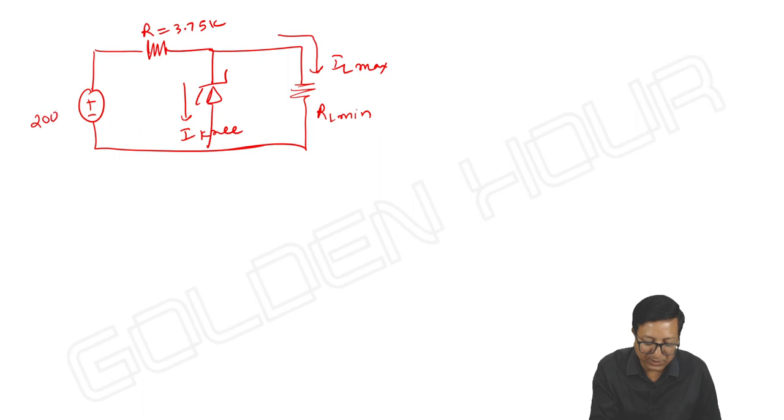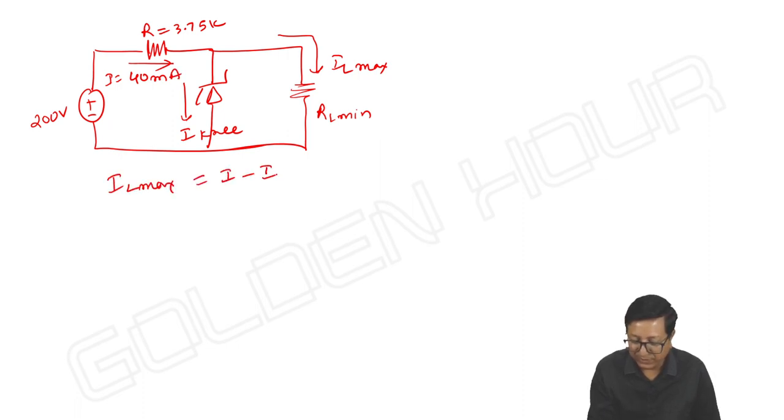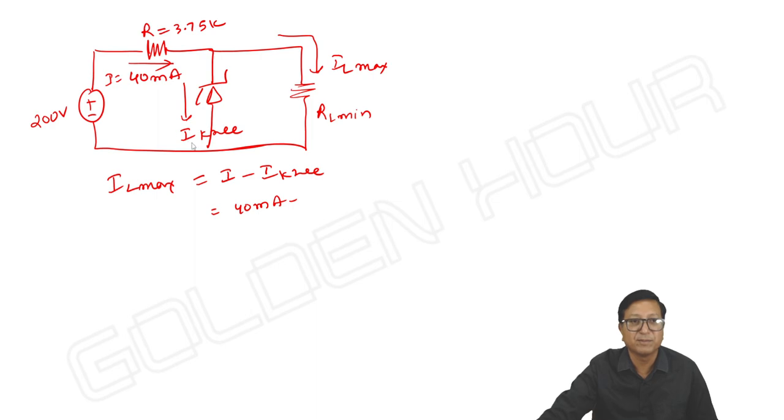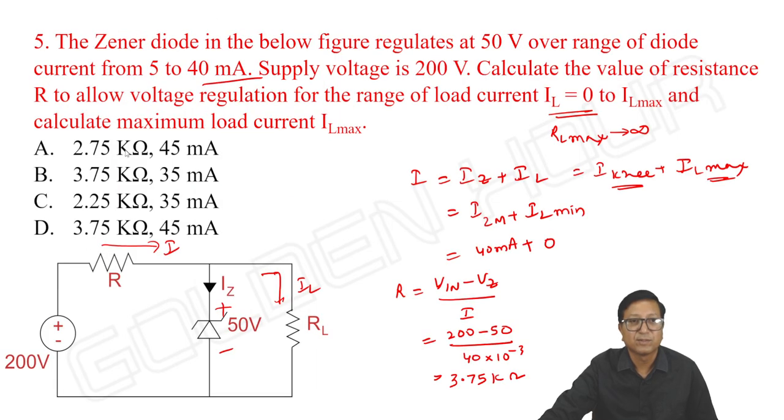Input is 200, no? And the current I is equal to 40 milliampere. So IL maximum is equal to I minus the knee current. It is 40 milliampere minus, I think the knee current is 5 milli. Yes, 5 milli.